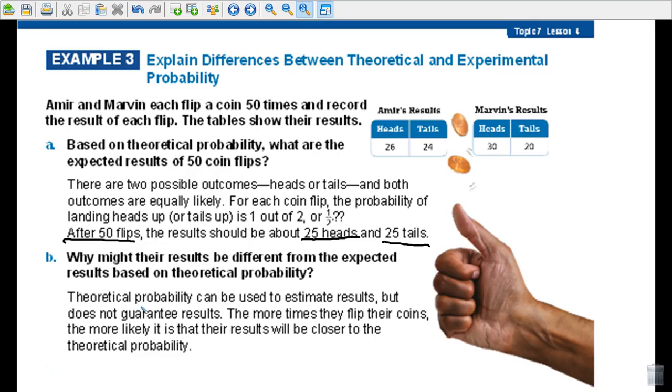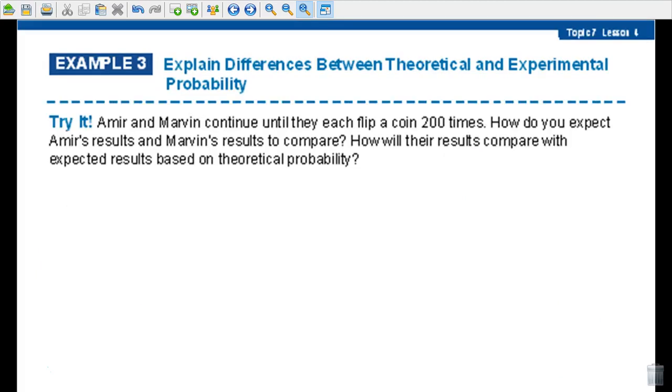Let's go to the try it. Example three, try it. Go ahead and pause. Okay, we're back. Amir and Marvin continue until they each flip a coin 200 times. How do you expect Amir's results and Marvin's results to compare?